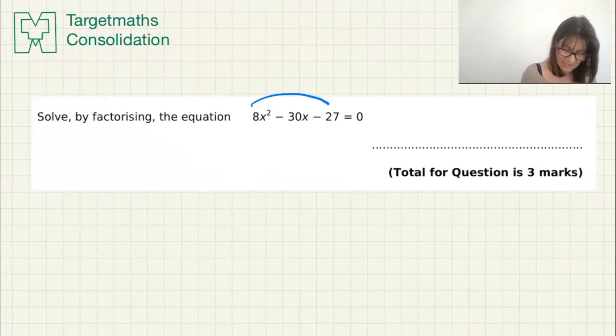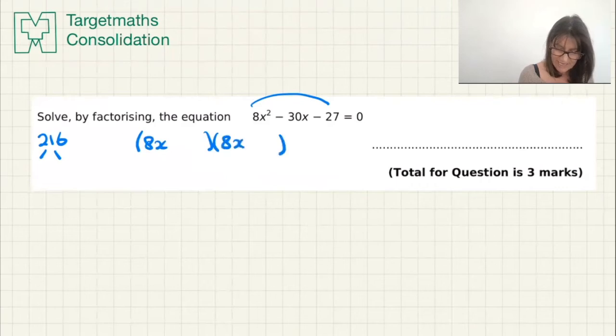That is going to give us 216. So 216 is going to be the number that we do our split with. I'm also going to set up my brackets. So I've got 8x and 8x at the front. It's negative, so it's going to become negative positive. But it might equal 0 as well.